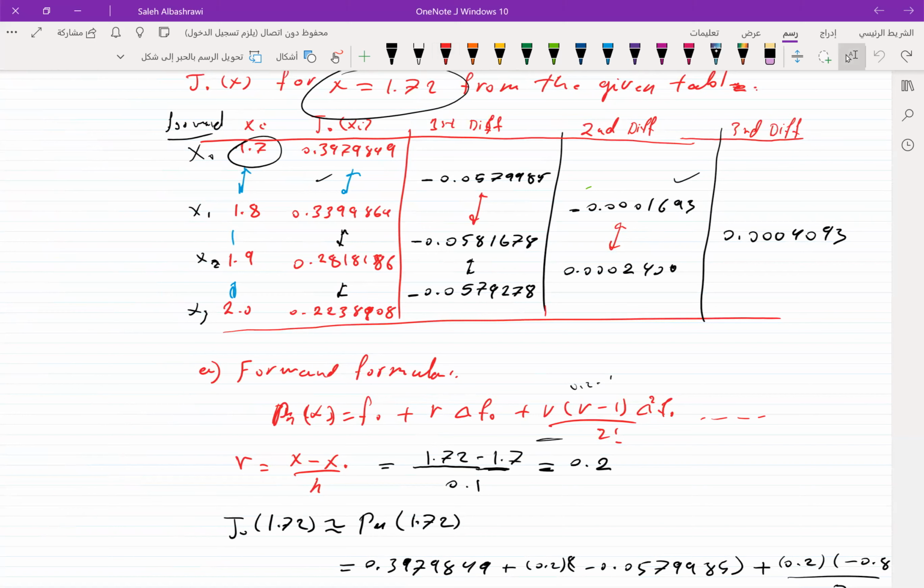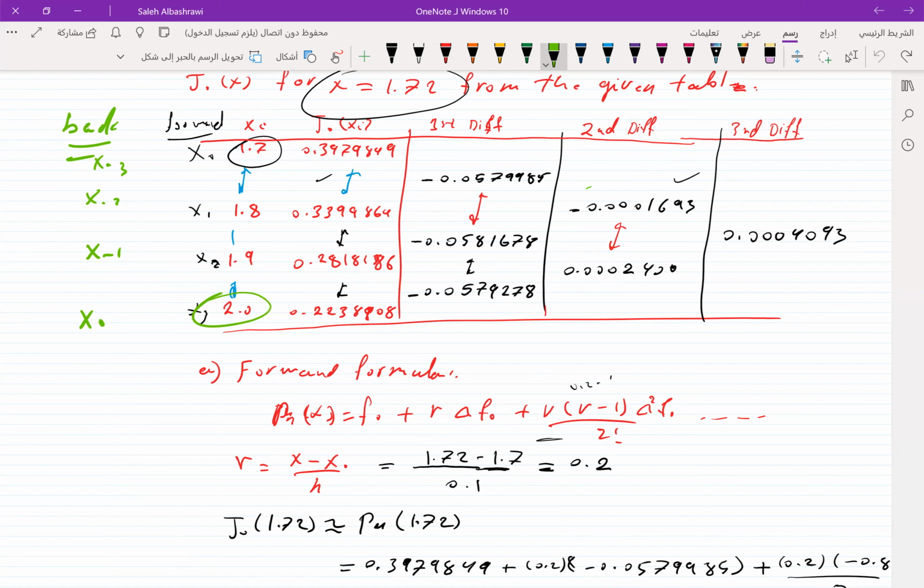For forward, it is x sub 0, x1, x2, x3. For the backward, we start from the bottom. This will be x sub 0, then x minus 1, x minus 2, x minus 3. So the first value will be the last one in the first column. This will be x sub 0 in the backward.